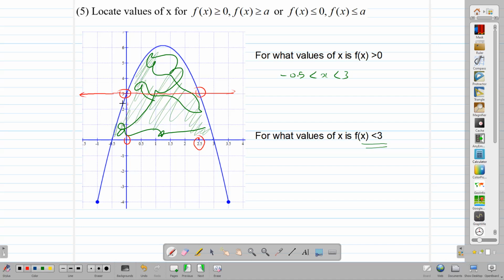So everything on this side of the graph, let me mark it, all the numbers on that side of the graph are less than 3. And everything on this side of the graph, they're also less than 3. And those numbers start right here at 2.5 and right here at 0. So we can say every number starting at 2.5 going above.